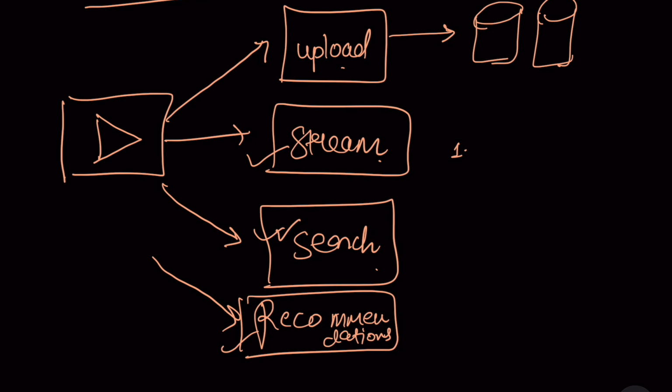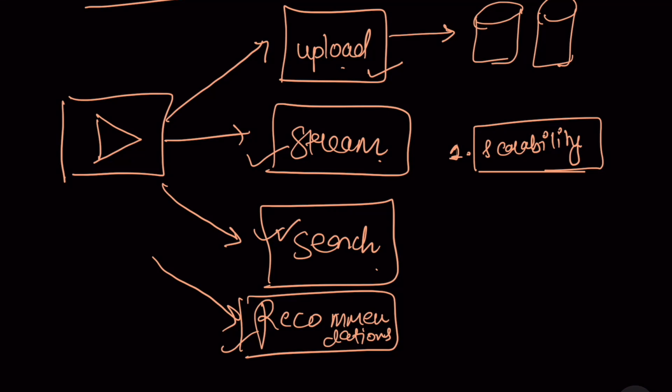And now if we talk about the advantages of microservice architecture, the first one is going to be scalability. And scalability is one of the biggest advantages of microservice architecture because an individual service over here can be scaled independently. So, for example, if the video streaming component is under heavy load, only this service can be scaled without affecting the rest of the system.